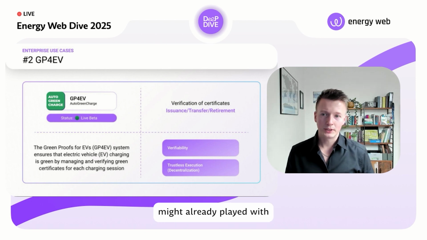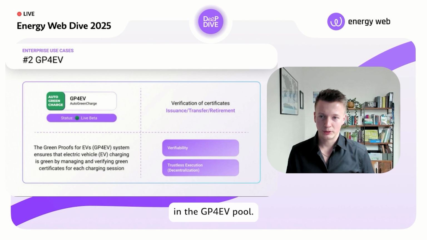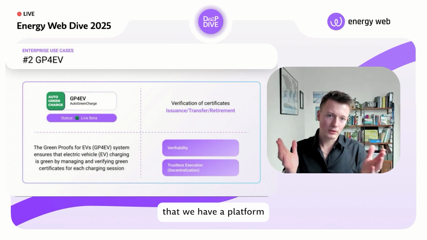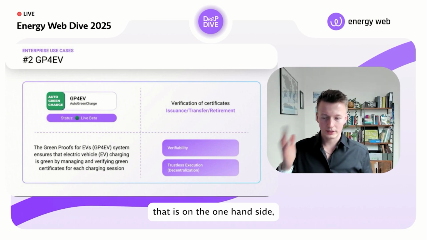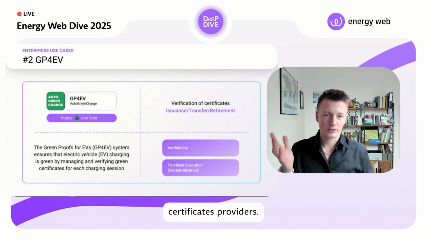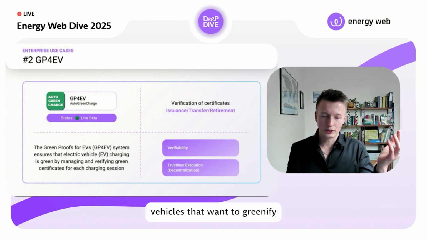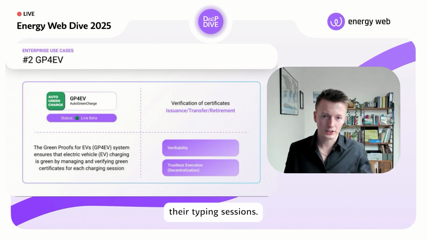So some of you might have already played with the beta version of the Auto Green Charge that we used to have, or maybe you are actively participating in the Green Plus for EV pool. Long story short, the use case is that we have a platform, in this case an app, that is on the one hand connecting local energy attribute certificate providers, certificates coming from green energy, with the owners of electric vehicles that want to greenify their charging sessions.